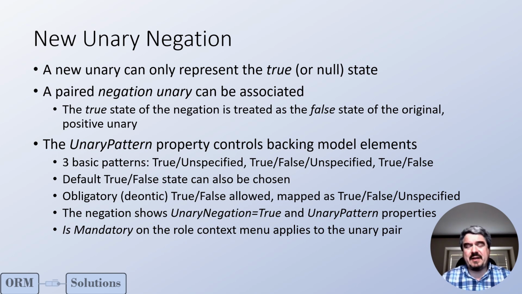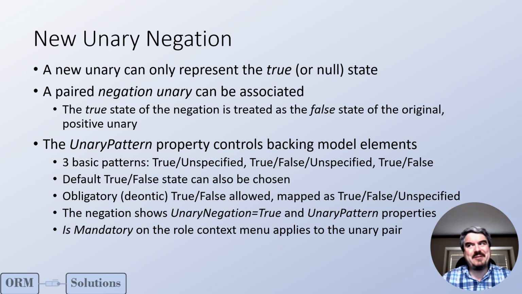So the backing elements exactly map what we're talking about with a unary negation. Automatically, you get the second unary, the negation. You also get an exclusion constraint between the unary roles and the two fact types. If you decide to be a true-false, explicit and mandatory, you also have a mandatory constraint on there. This is all controlled through what's called the unary pattern property. There are three main patterns here.